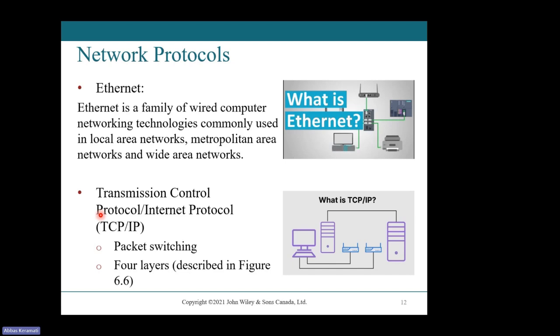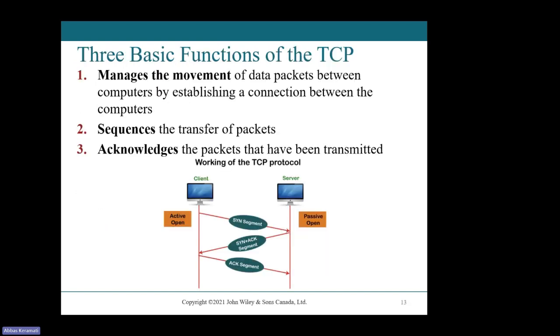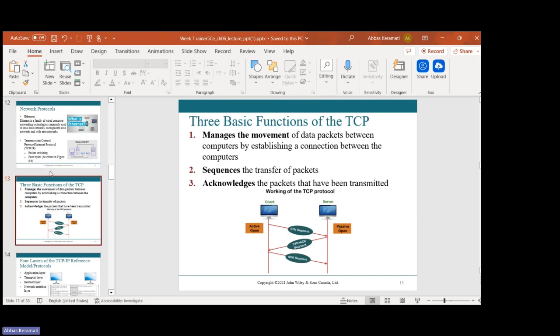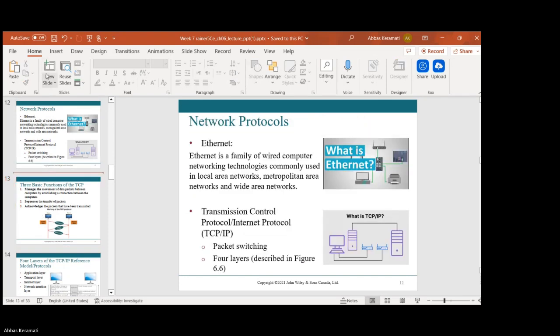It describes how two devices, two computers, talk to each other in a network using protocols like transmission control protocol and internet protocol. Packet switching, with four layers. Let me explain it in a graphic.